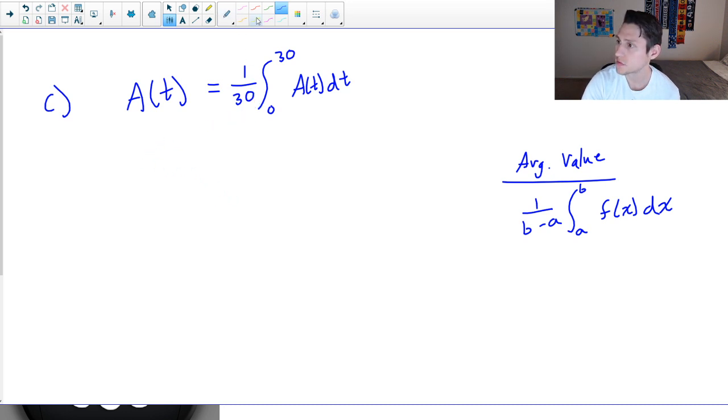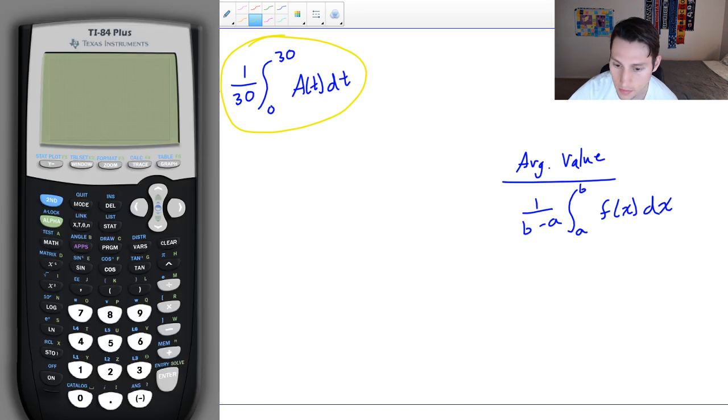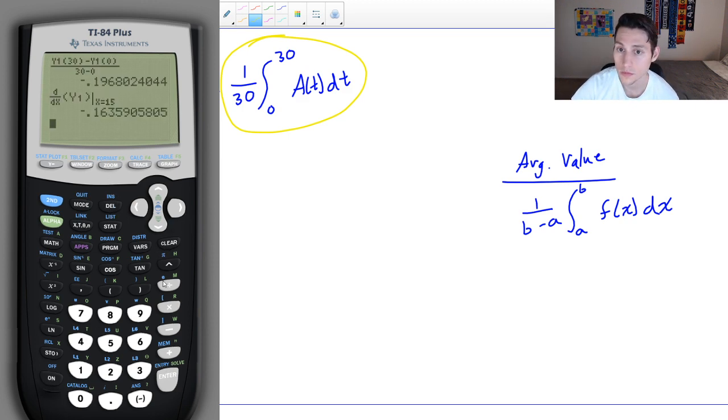All right, well, let's first figure out this right side. We can calculate this from 0 to 30 and 1 over 30. So actually, let's bust out the old calculator and do it. Let's clear this.